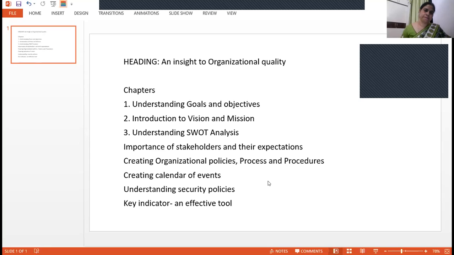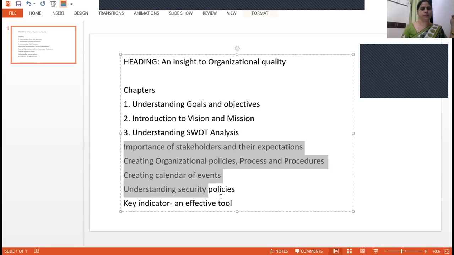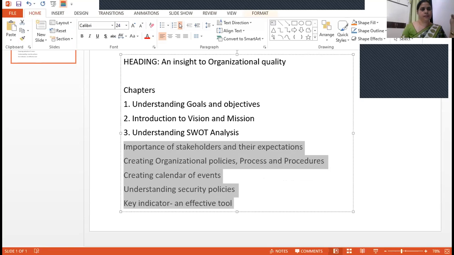I think after the third, that is the fourth number, now we can consider importance of stakeholders, and it comes as 4th, 5th, 6th, 7th, like that. Understanding the SWOT analysis, where does this come, ma'am?